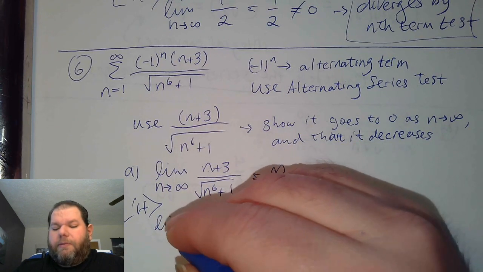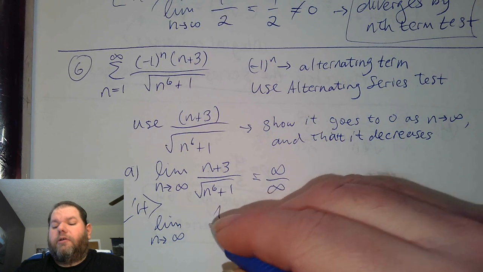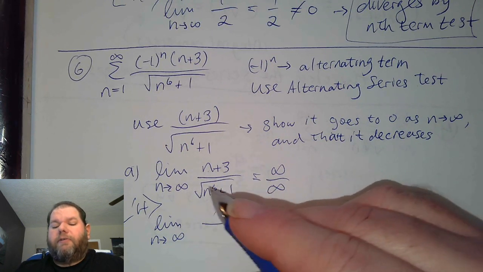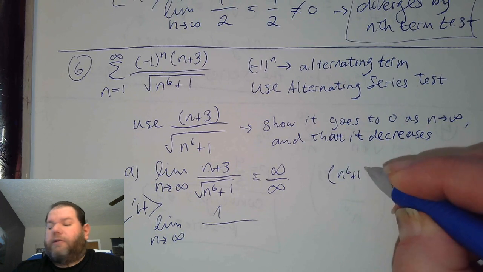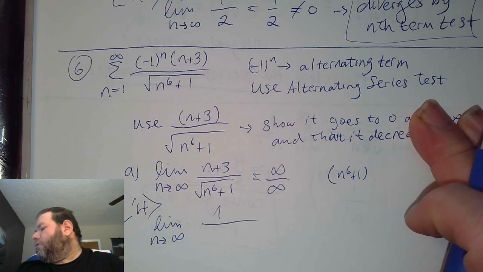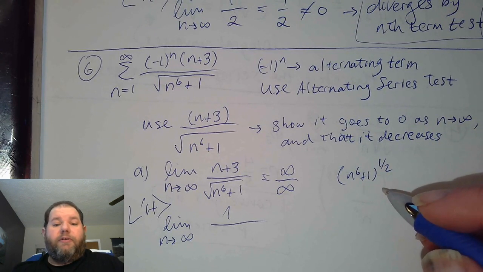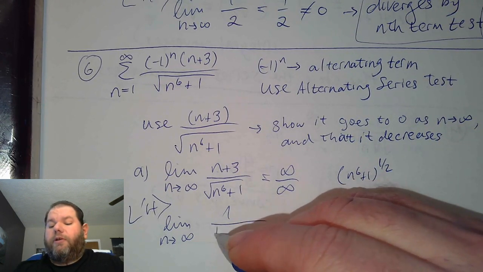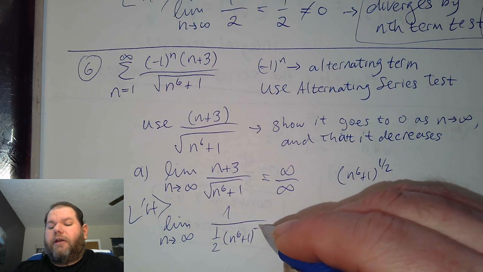And on top, the derivative is just 1. But on the bottom, since we have n to the 6 plus 1 to the 1/2 power, we use a chain rule, so it's 1/2 times n to the 6 plus 1 to the negative 1/2.